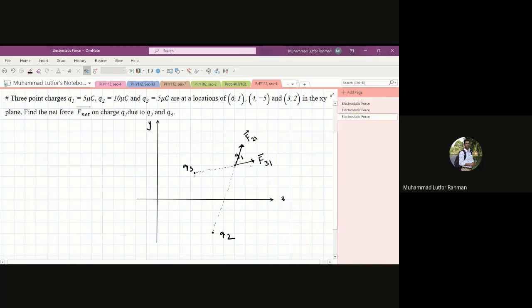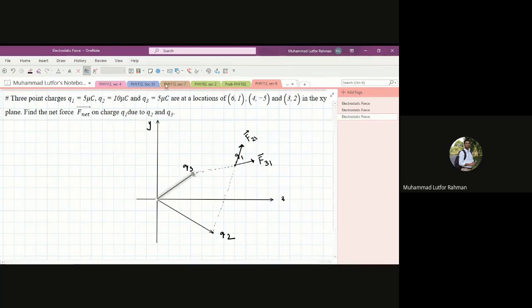Right, fine. What I'm going to do first is represent the vectors using coordinates. I will label that one, but before that let me draw the vectors.